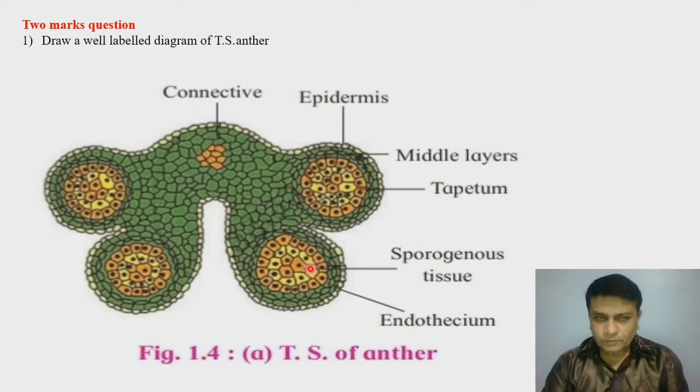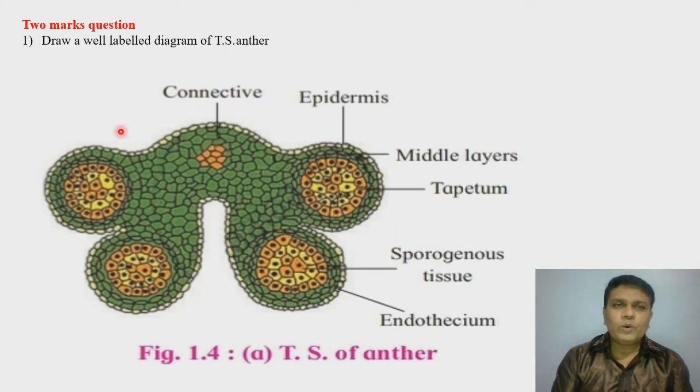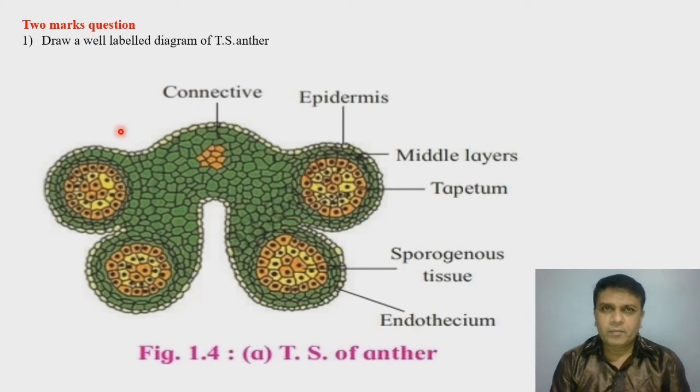At the center, the connective is present, which shows vascular tissues. So you will have to draw a neat labeled diagram, and any 4 labels should be correct so that you will get 2 marks.